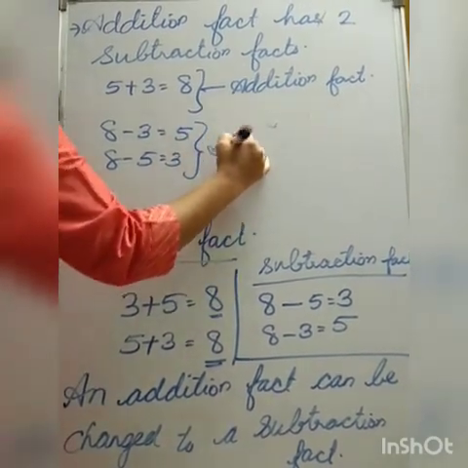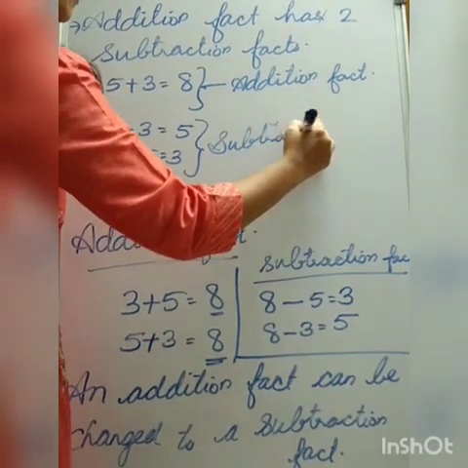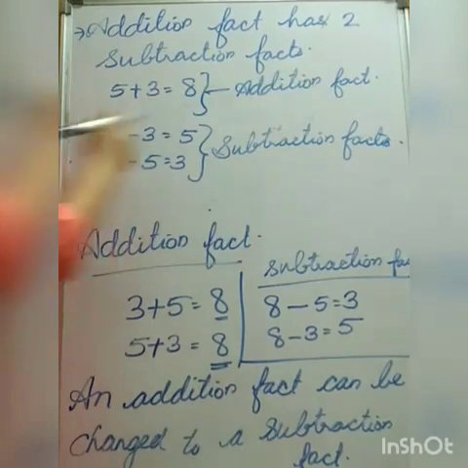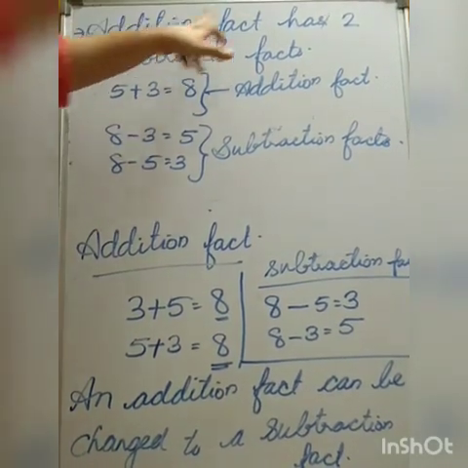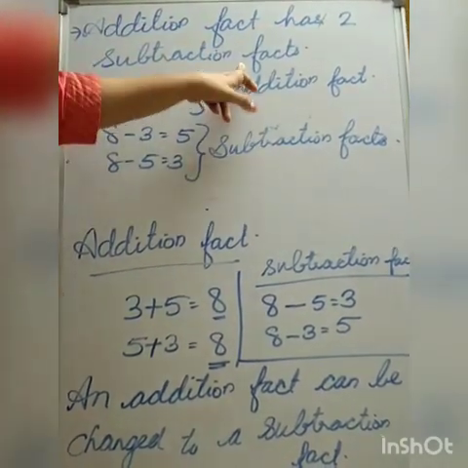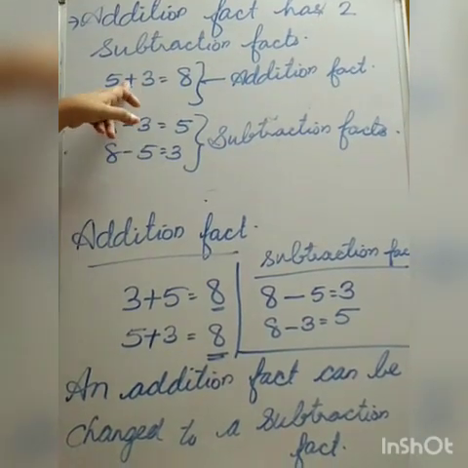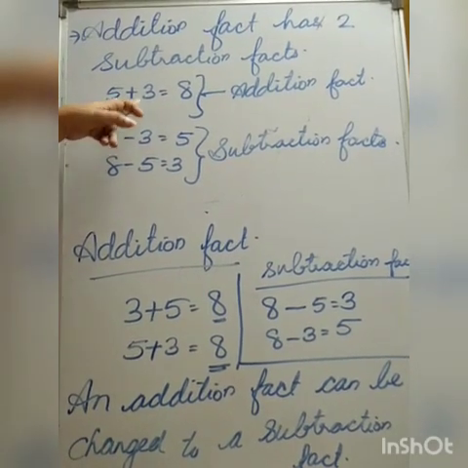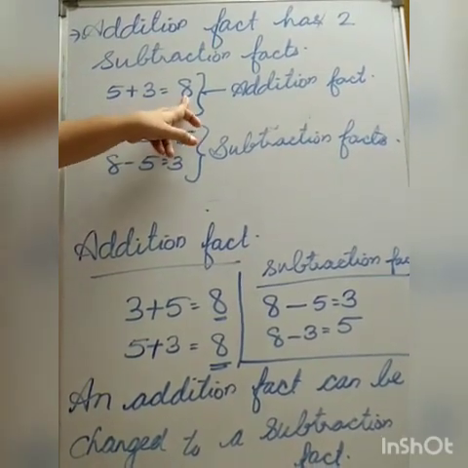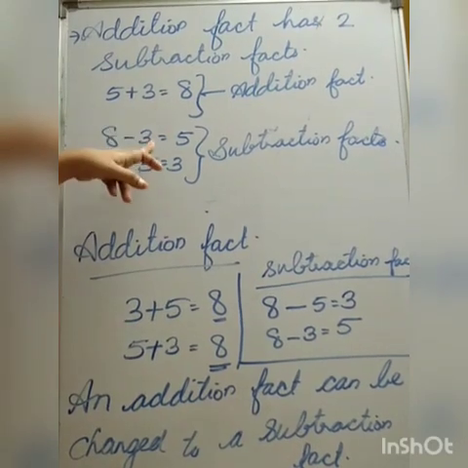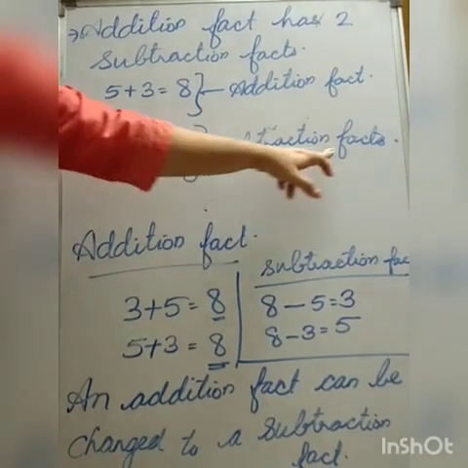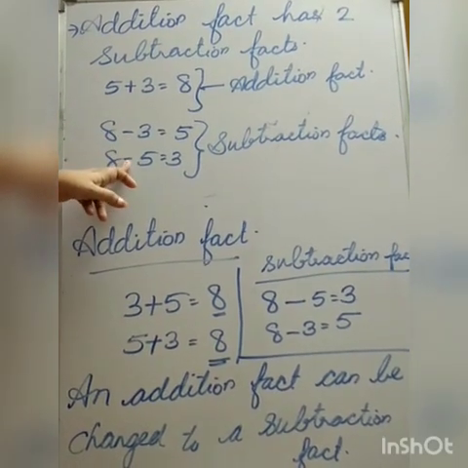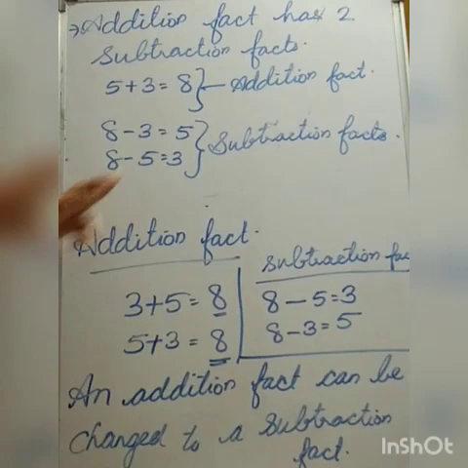This is subtraction fact. An addition fact has two subtraction facts. This is addition fact. Here which symbol came? Add symbol came. Plus symbol came. That means addition fact. By using addition fact, we can make two subtraction facts. See the symbol here? I gave the minus symbol here. So this is called subtraction fact.